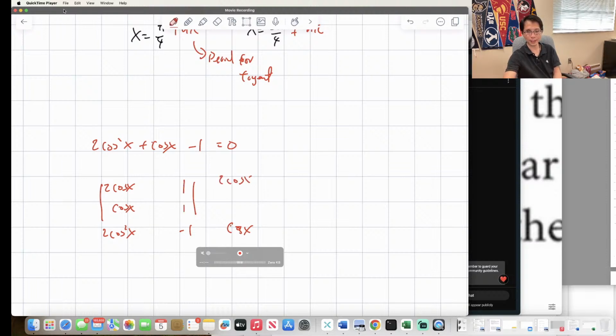So 2 cosine x and cosine of x. Which one needs to be negative? The one on the bottom, right? And that is equal to, pairing diagonally, 2 cosine of x minus 1 times cosine of x plus 1.